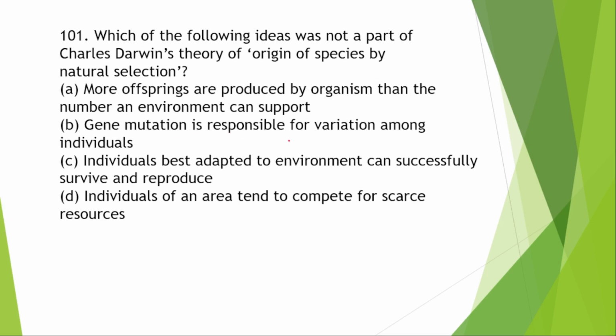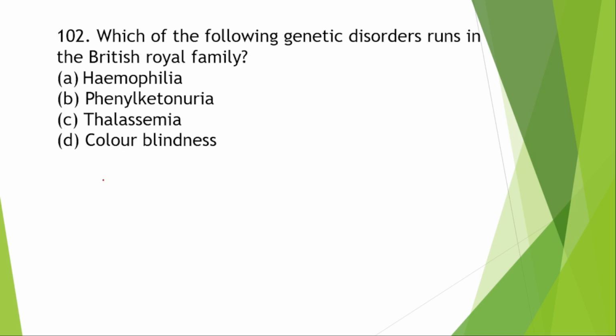B. Gene mutation is responsible for variations among individuals. Yes, this one is also right. C. Individuals best adapted to the environment can successfully survive and reproduce. This one is also right. And D, individuals of an area tend to compete for scarce resources. This one is not. D is not. So, 102.